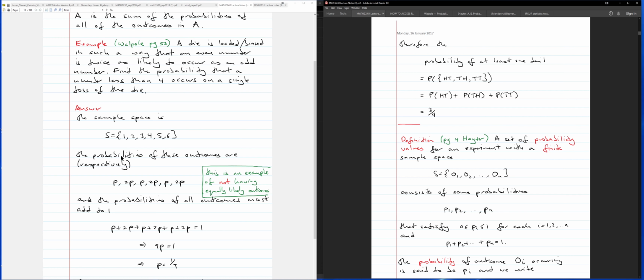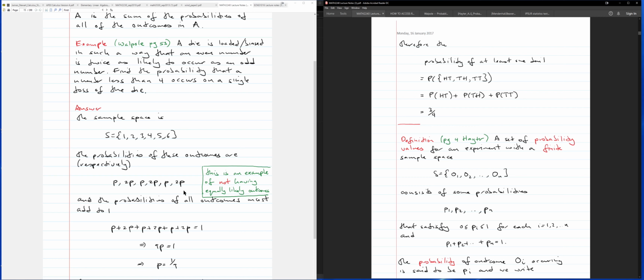We're assuming that the odd numbers 1, 3, and 5 are all equally likely, so the probability of the 3 is P. Likewise, the probability of the 4, because it's even, is 2P. Probability of the 5 is P, and probability of the 6 is 2P. So these are the probabilities of each of your outcomes, right?